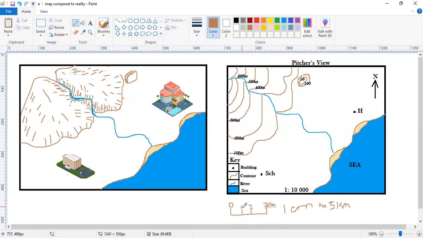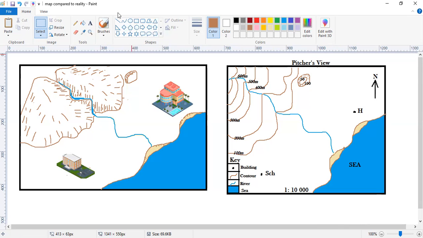So the 1 kilometer would be the ground distance. As long as we have those two, map distance and ground distance, being depicted, we can find any distance in reality. So the scale of a map is also very important in helping us to find the location of features. Again, we are finding the location of features in relation to other features. In this case, we are finding the distance.